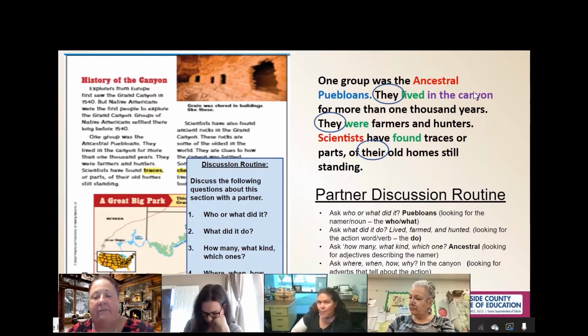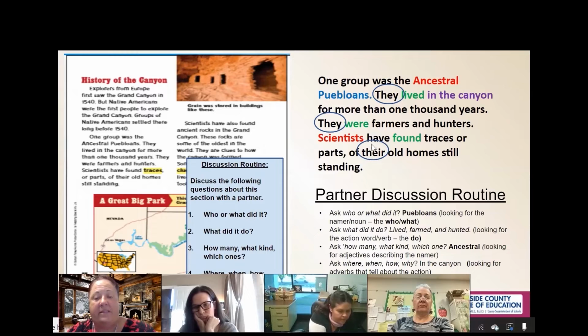Well, it's the ancestral Puebloans, right? But then who is they? Who is they referring to? Who is there referring to? Because this is a pretty complicated sentence, right? It's not that easy. When we get down here to their old homes, they may not know that this there relates all the way back up to the first sentence in the paragraph.